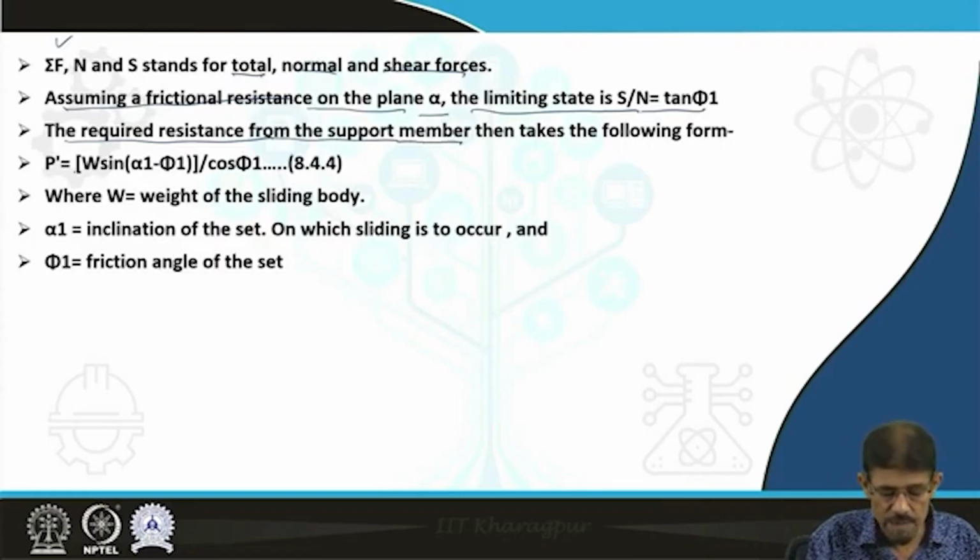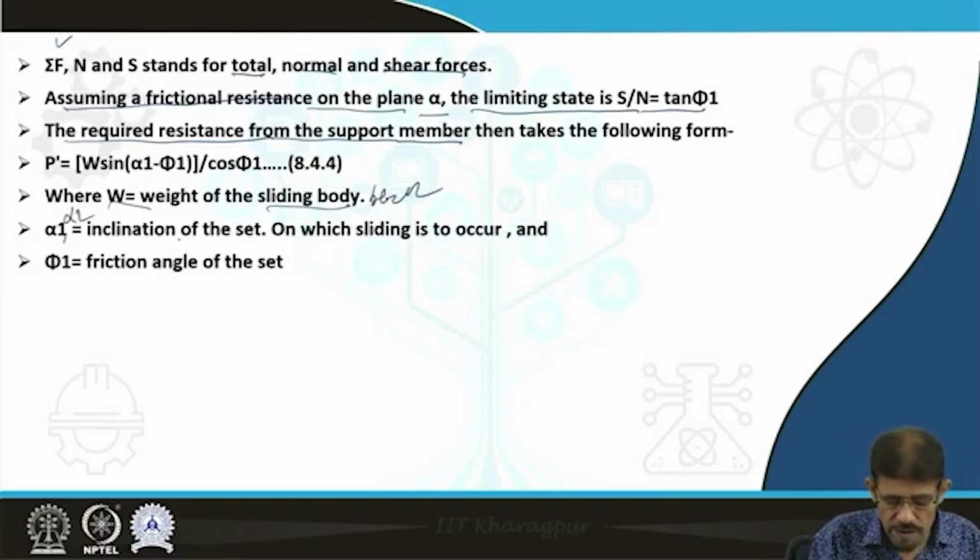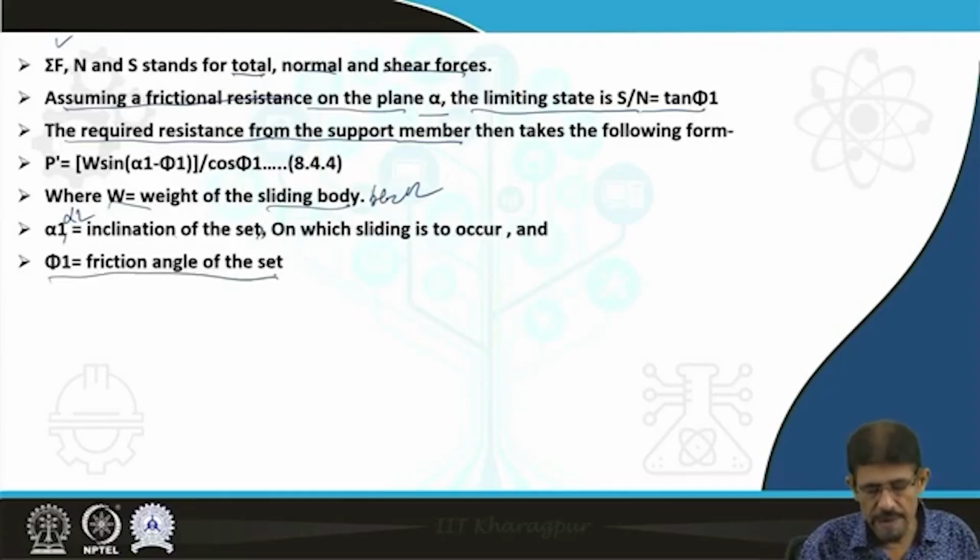P as a support pressure borne by the support member is W sin alpha 1 minus phi 1 divided by cos phi 1, where W is the weight of sliding body or block, alpha 1 and alpha 2 are the inclinations of sets on which sliding is to occur, and phi 1 is a friction angle.